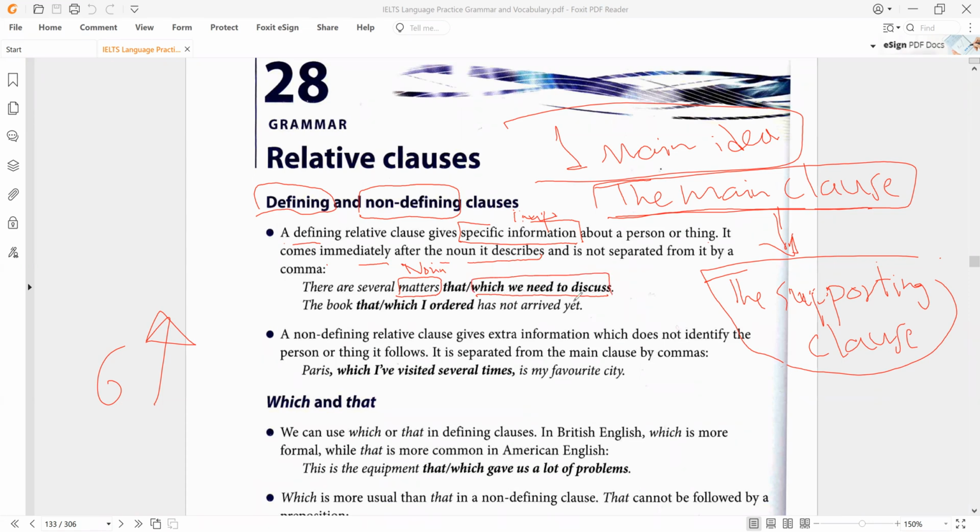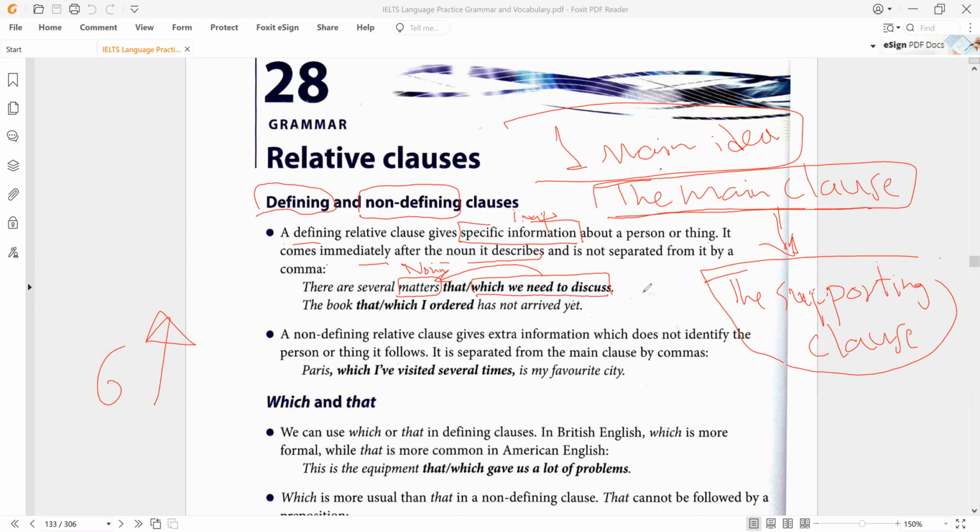This is the relative. It talks about the matters. So this is very, very important. So you can say there are several matters that we need to discuss, or there are several matters which we need to discuss. Just to give you one little issue here.